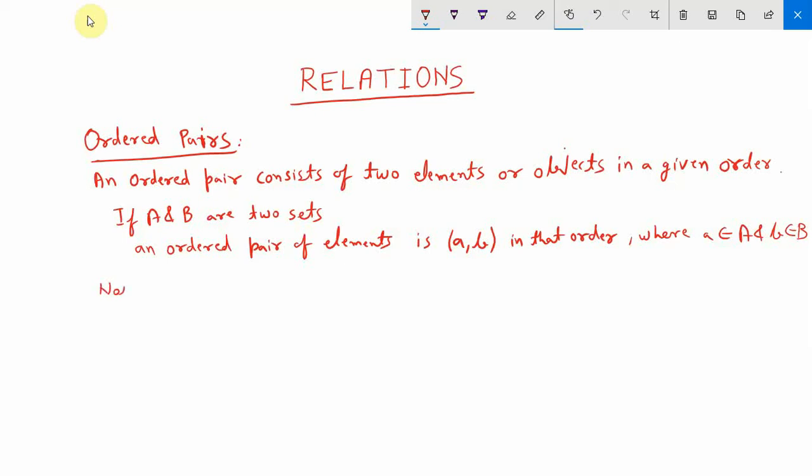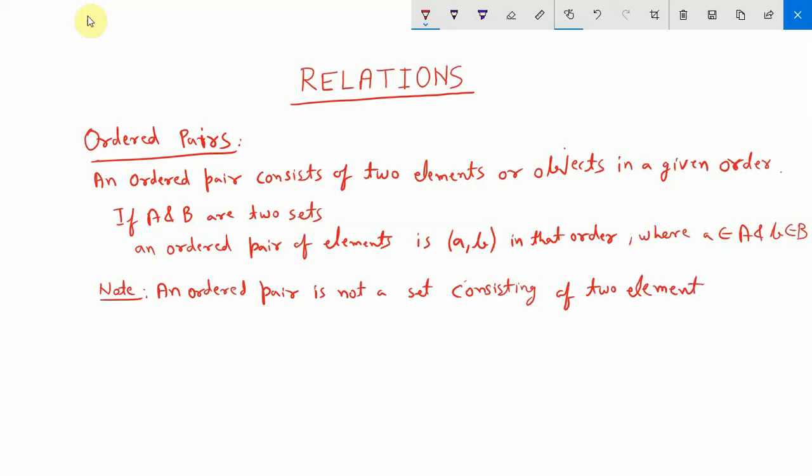So you can note that an ordered pair is not a set consisting of two elements. Okay, it is not like a set in which order doesn't matter.